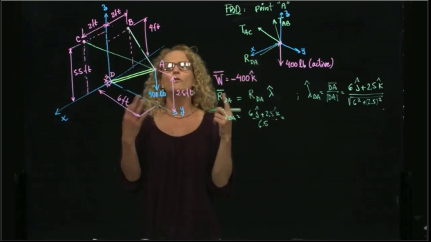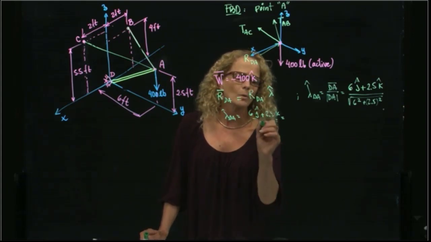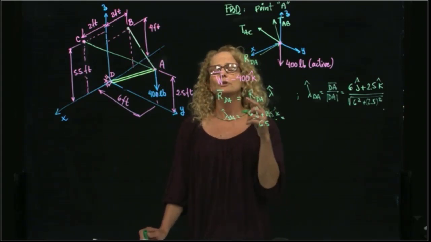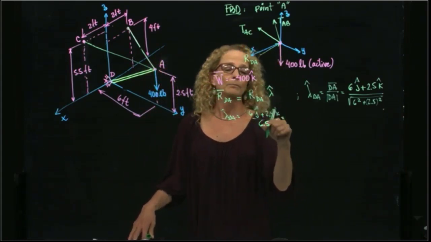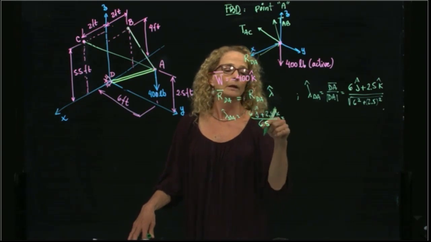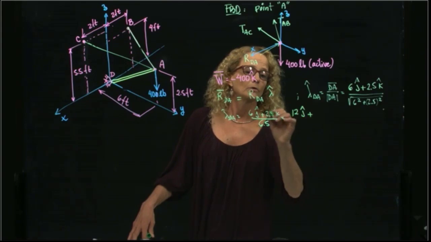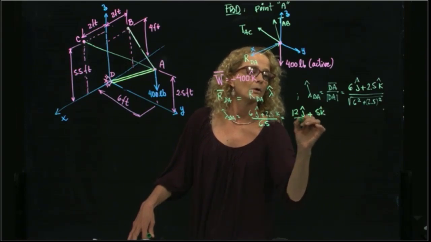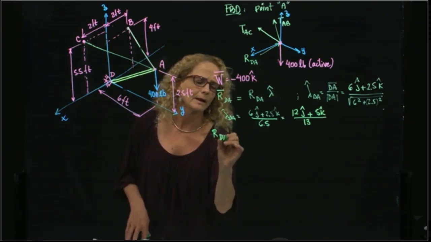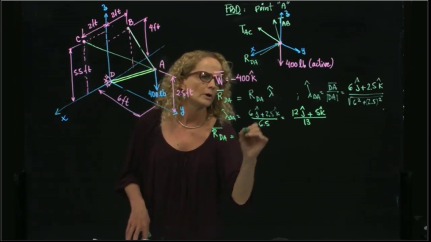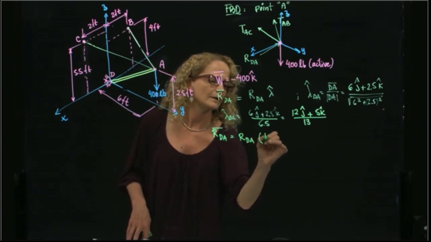If I want to avoid decimals and make my system of equations a little easier to solve, I can multiply the numerator and the denominator by 2, and I will have 12j plus 5k over 13. So it will give me that AD will be equal to the magnitude times my direction.